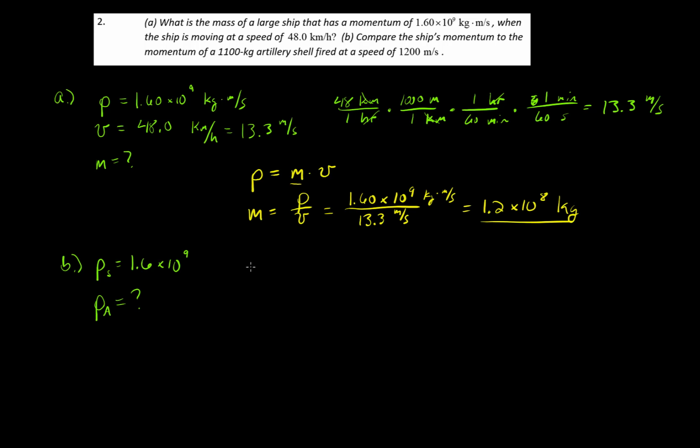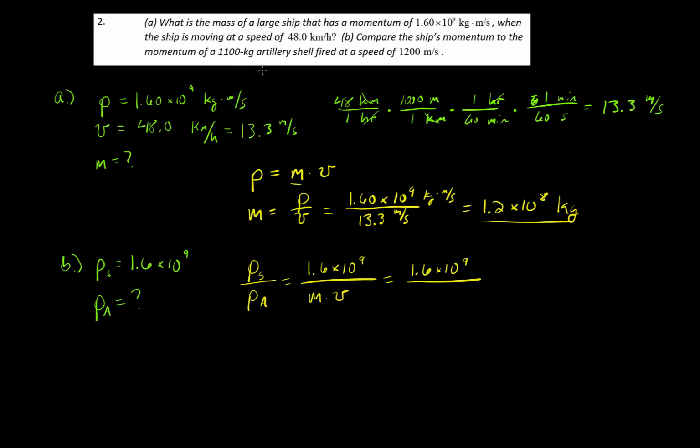So what we're going to do is compare the ship's momentum, so the momentum of the ship, divided by the momentum of the artillery shell. We know what this value is, so we can just plug that in, 1.6 times 10 to the 9th. And we're going to divide that by the momentum of the shell. The momentum is the mass times the velocity, so we'll substitute those values in.